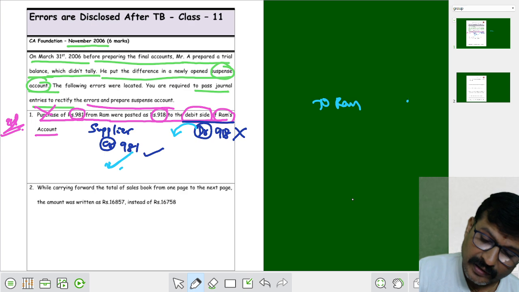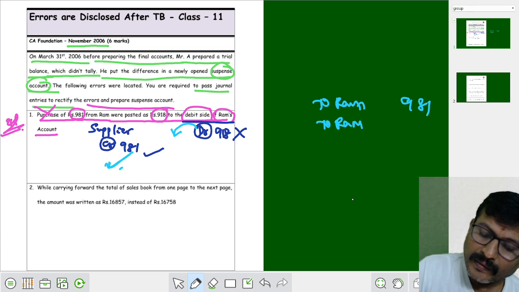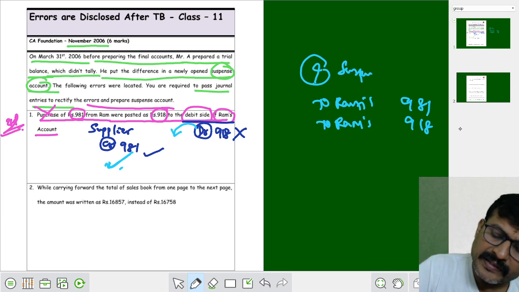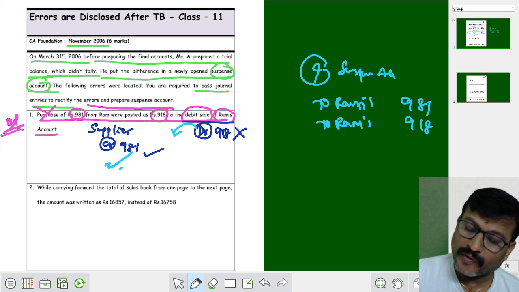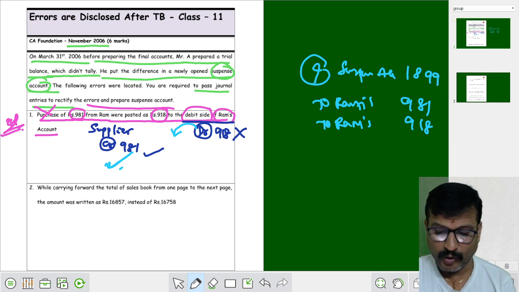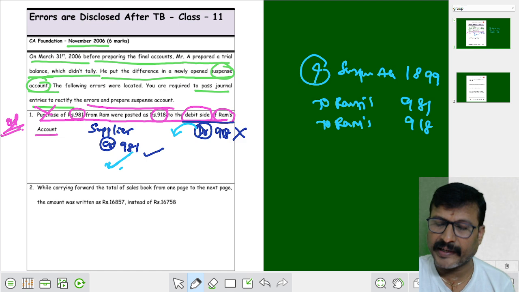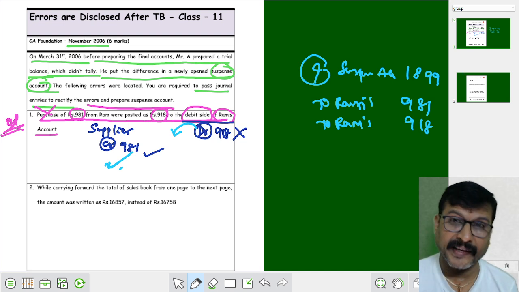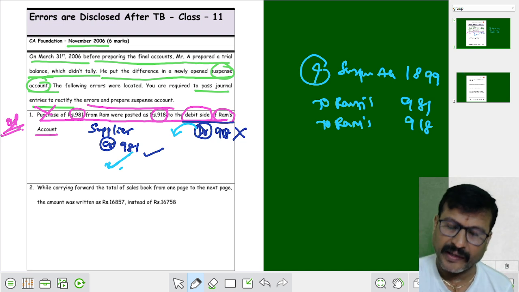To Ram's account as 981, and to Ram's account as 918. What do we write on the debit side? That is suspense account with a total of rupees 1899. I hope you got it. Ram is to be correctly credited, but the wrong is taken as a wrong debit, so now we take Ram on the credit side.